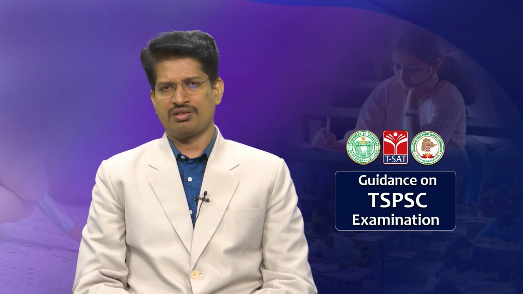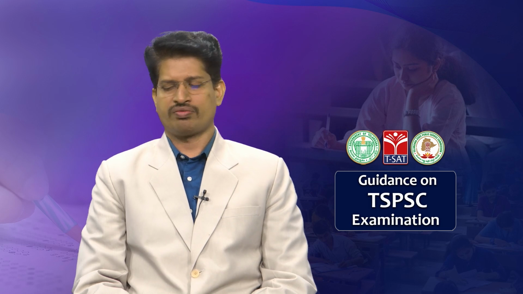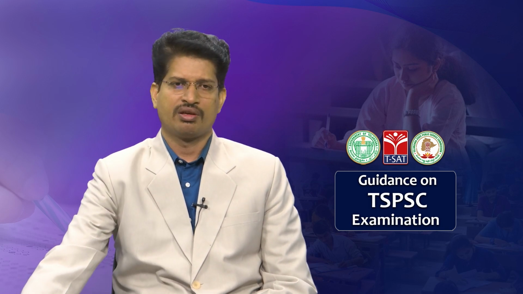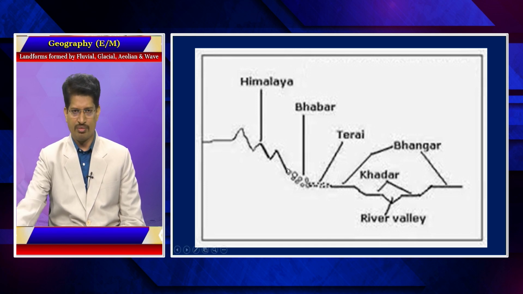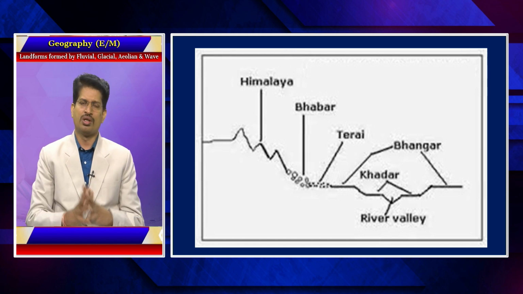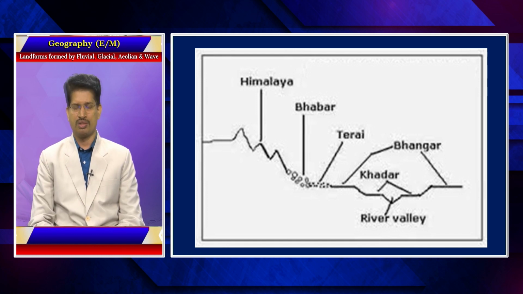For example, in the case of the Himalayas, by the time the river reaches the plains, its energy decreases and it cannot carry the larger boulders, so the load of weathered and eroded material is left at the foothills.